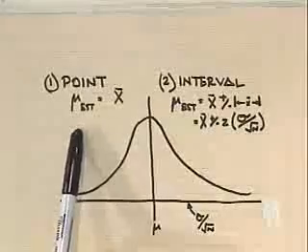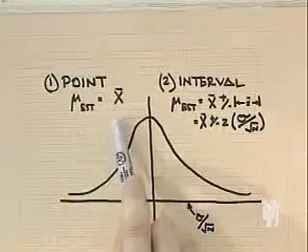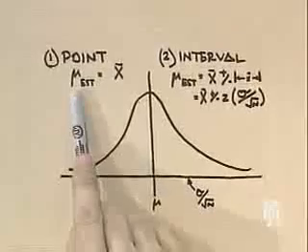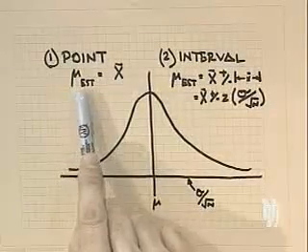Point estimation, when you're investigating or trying to estimate mu, is X bar. That is the average of the population.